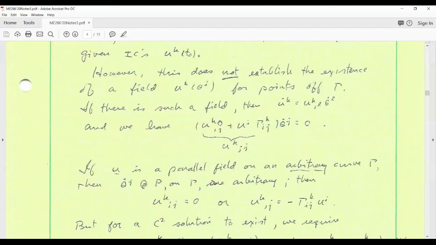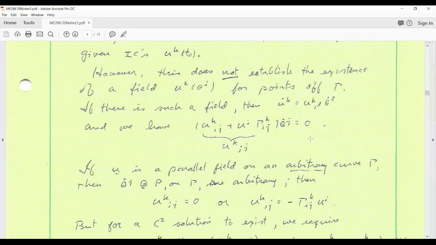That means this should hold for arbitrary curves, which means arbitrary parameterizations of any curve, I should say. So the theta dot j's are then arbitrary if the curve is arbitrary. Okay, so the theta dot j's are really pointing in the direction of the tangent to the curve.